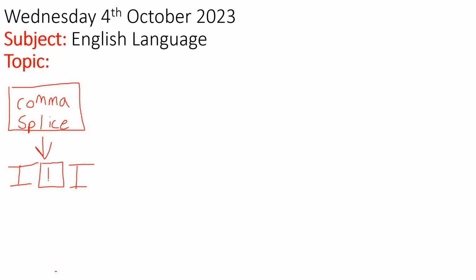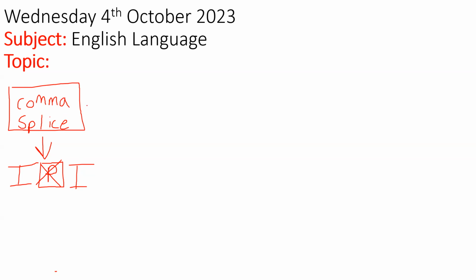So that means you have a comma splice because you did not use proper punctuation. You did not put the comma with the coordinating conjunction. Is that correct? Am I right? Yes or no? Yes, sir. So comma splice is when we have an independent clause with another independent clause, and we do not use the proper punctuation. That's comma splice.